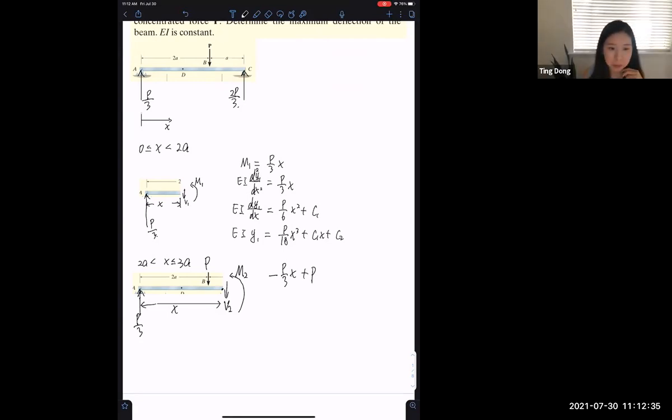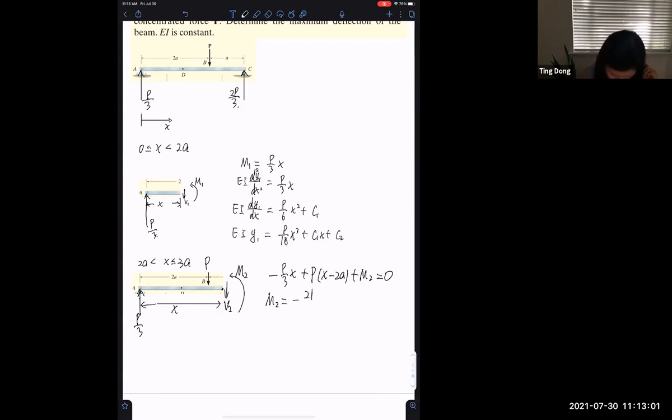What is the moment arm for this force about the cutting point? Yes, x minus 2a. Thank you. And M2 counterclockwise equals 0. So now we have the bending moment equation as a function of x: M2 = -2P/3 x + 2Pa.